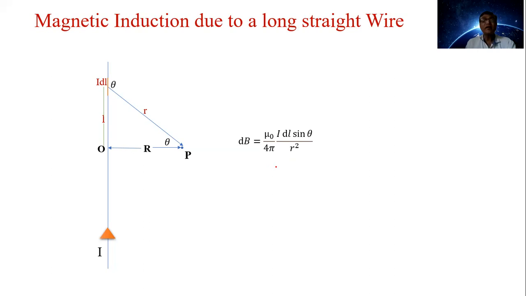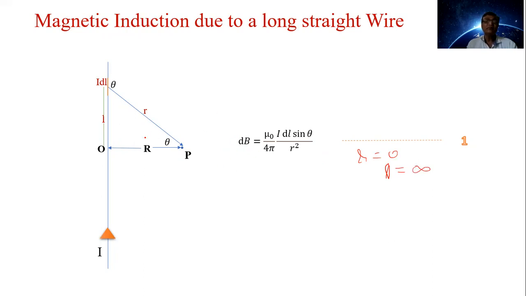The total magnetic field at point P due to the entire wire is the contribution of the magnetic field due to all such current length elements in the upper half of the wire. This can be obtained by integrating this equation, which we can call equation number 1, between the limits L equal to 0 to L equal to infinity.